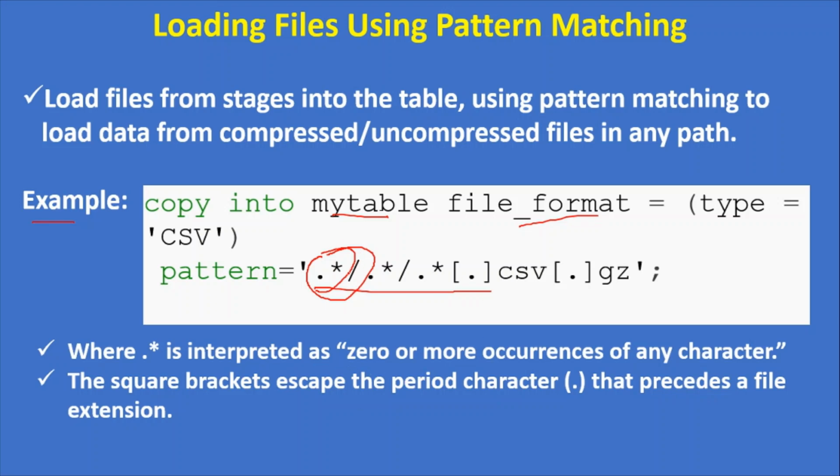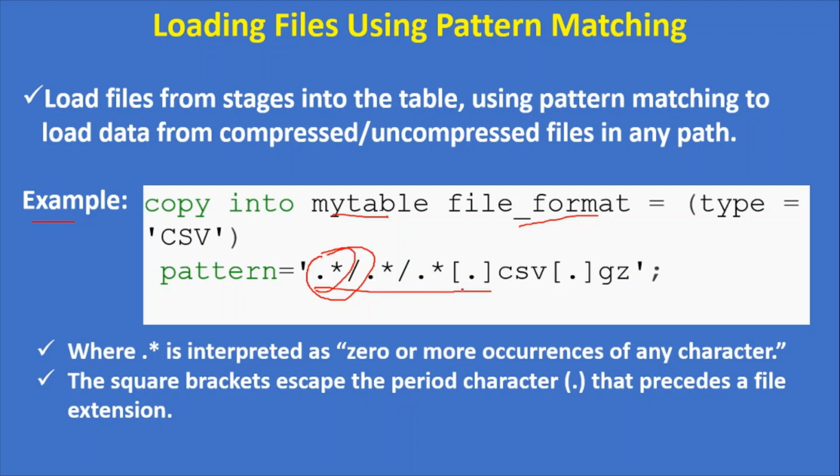That means any number of characters can be present before this slash. Here the forward slash is nothing but a directory as part of your file path. In your stage you may have subfolders, so if you want to load a particular file from different subfolders, then we can use the forward slash to get the particular file from a particular directory.